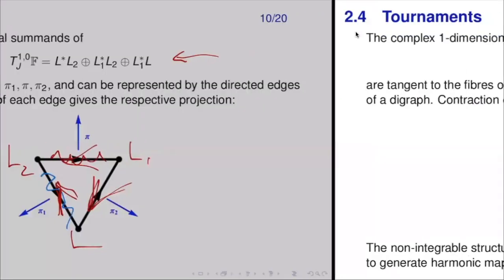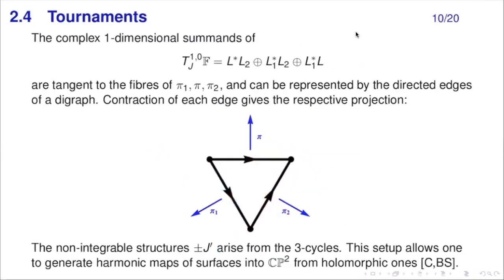And so as I think I mentioned before, you can use these flag manifolds to understand, in particular, the theory of harmonic maps of surfaces into CP2 or higher, CPN, I should have said in general, because you can take derivatives and lift these maps to a flag manifold, and then you can project them using another projection.